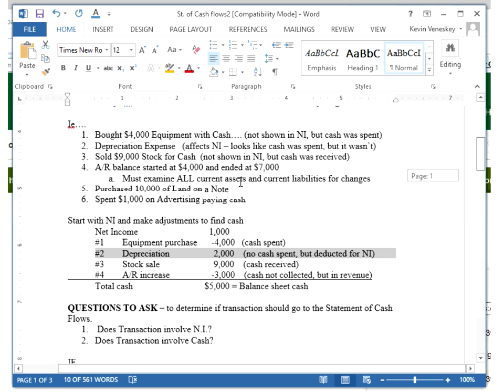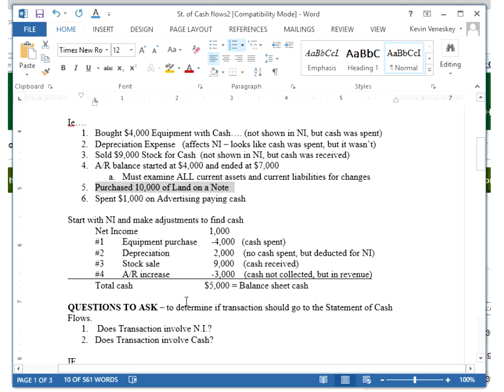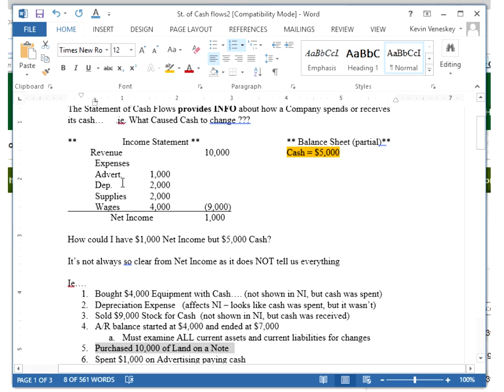Now you can go through 3 and 4, but let's skip through to number 5. Purchased land on a note. Remember we had a debit for land and a credit for a note payable. Did that transaction involve net income? Nope. Neither land nor note payable is part of revenue or expenses.